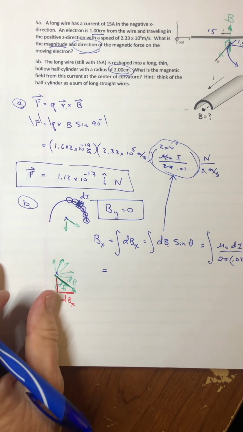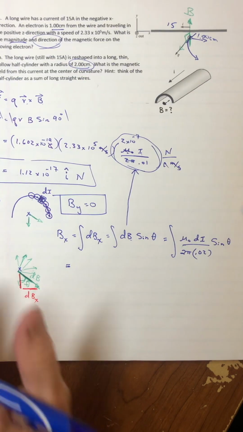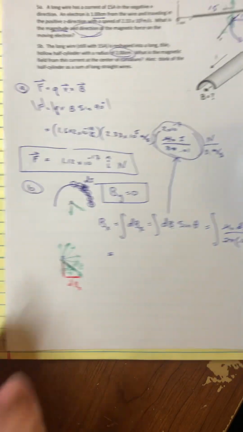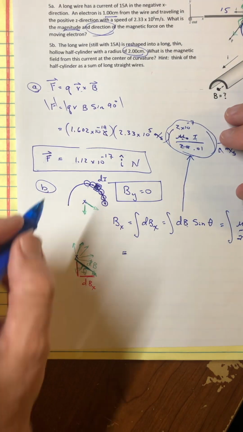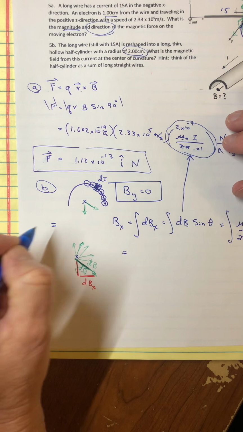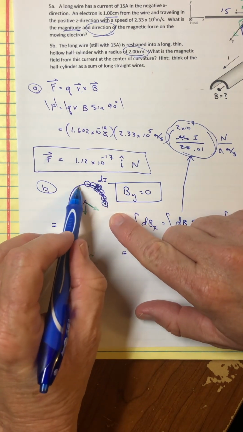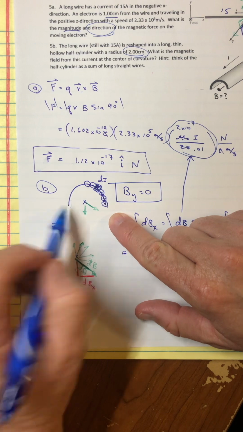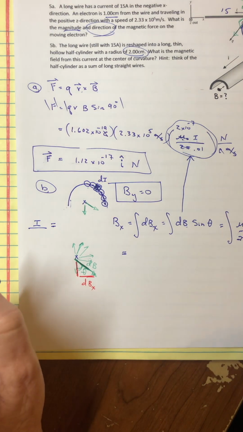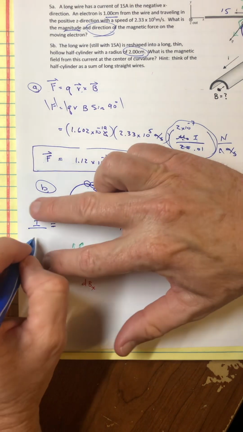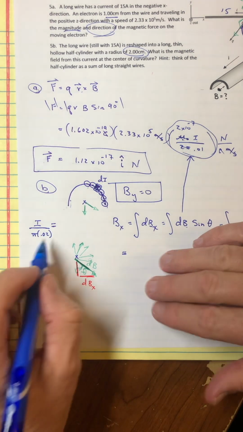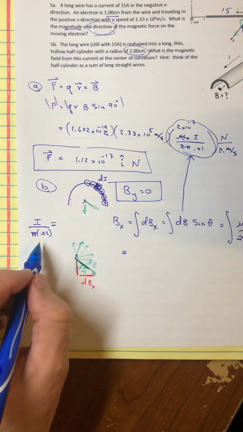Let's talk a little bit more, and in particular, this little bit of current. Maybe I'll do that over here. But you could say then, in proportions, that if I took the whole current around this semicircle, which is current I, that's our 15 amps, and divided it by its length, which would be pi times 0.02, because remember the circumference of a circle is 2 pi r, so I'll just take half of that.